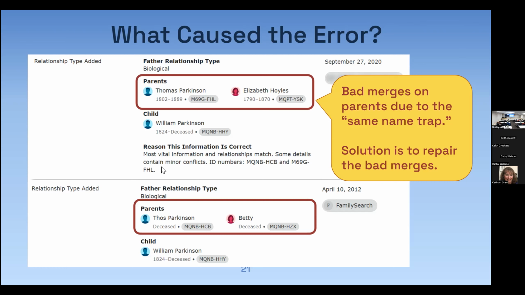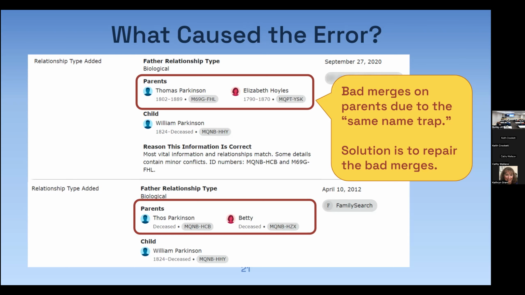I will just make the comment that about 99% of the time when I've seen this reason statement used, some details contain minor conflicts. The merge has been incorrect. So if you ever feel tempted to use that reason statement, I would strongly recommend that you stop and do some more research and just be sure why the details are conflicting and if these people really are the same people.